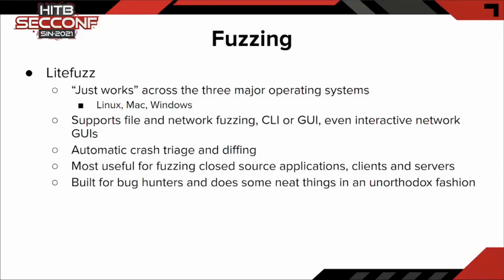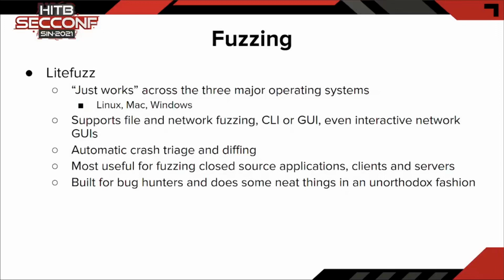For example, if you wanted to fuzz a CLI that's open source, of course, you're going to be able to get coverage data and instrumentation if you just use AFL++ to instrument it, if that's possible and you don't run into issues with that. So this is kind of perfect for fuzzing Mac, because most stuff on Mac is closed source, right? And it's really built for bug hunters.